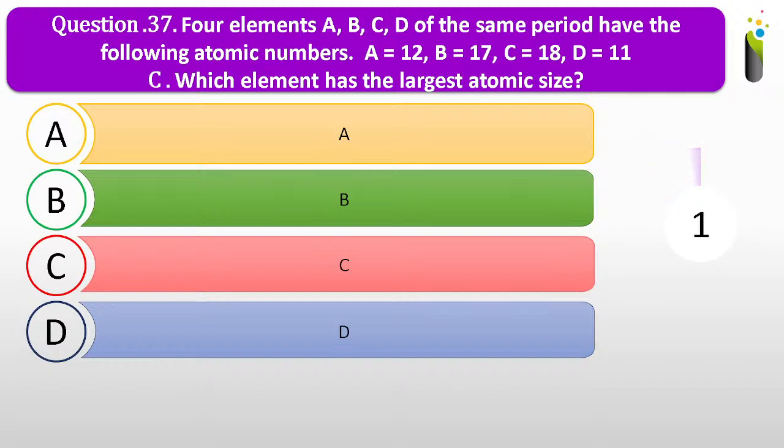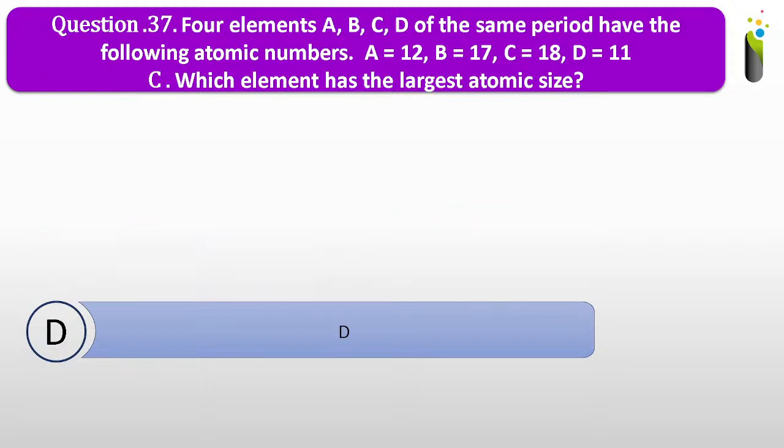So the correct answer for question number 37C is D. So the element which will have the largest atomic size will be D.